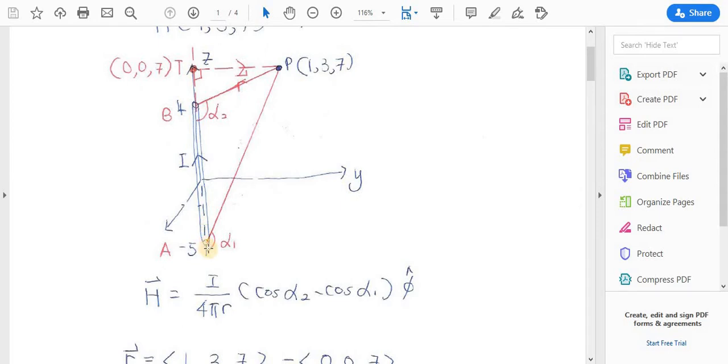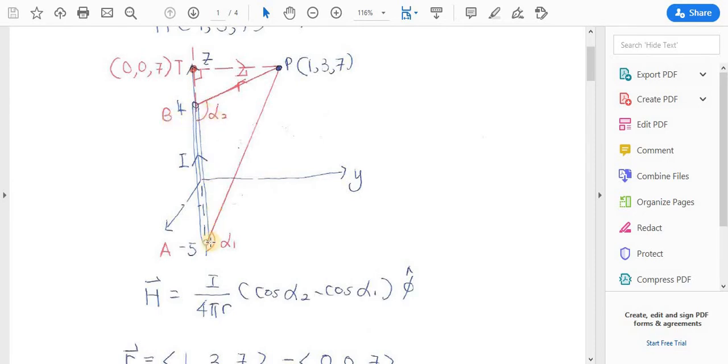According to their coordinates, this value is smaller than this value, so I label this point as A and this point as B. Alpha 1 is the angle attached to point A, and it is located outside the current filament, so I label it here as alpha 1. As for alpha 2, it is located inside, touching the current filament, so this one is alpha 2, linked with point B.